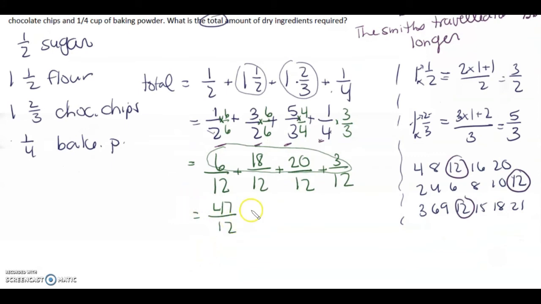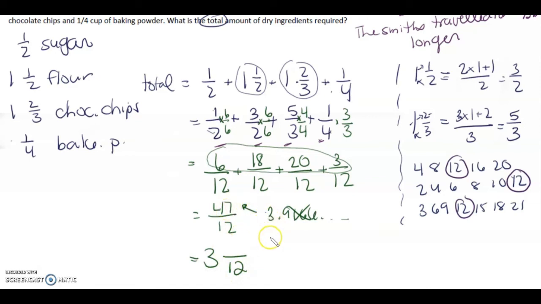We can leave this because 47 is a prime number. Okay, if you do want to convert this into mixed numbers, I'll go through it for this one. So 47 divided by 12 is going to give us 3.91666 forever. So we're going to call that a 3, and we're going to keep the denominator.